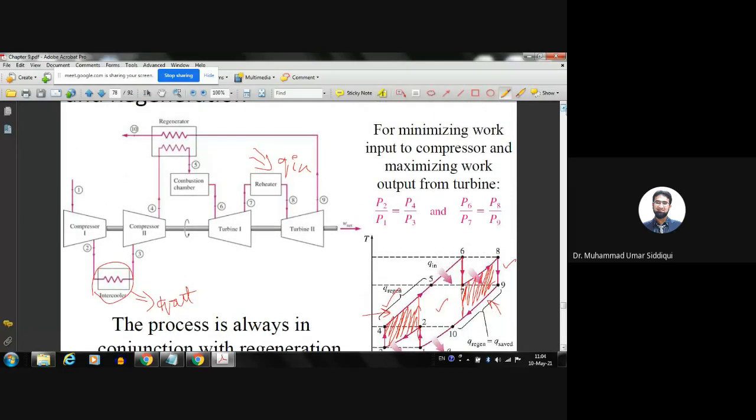Let's say we have 2 compressors and 2 turbines. Obviously, whenever we have 2 compressors, we will have intercooling in between, and when we have 2 turbines, we have reheating in between.